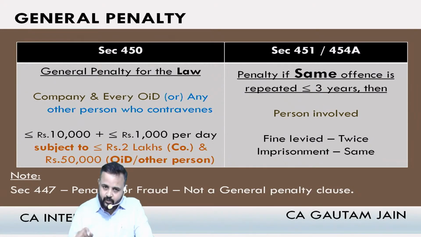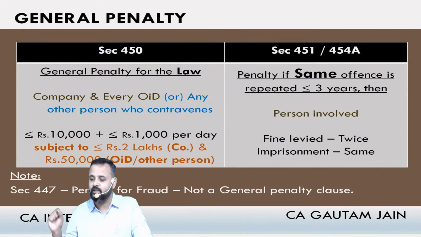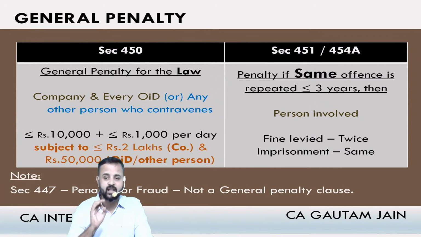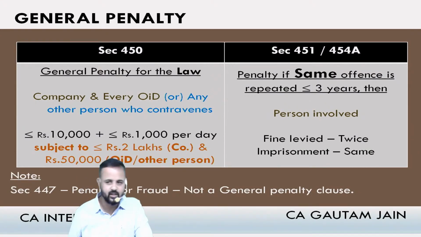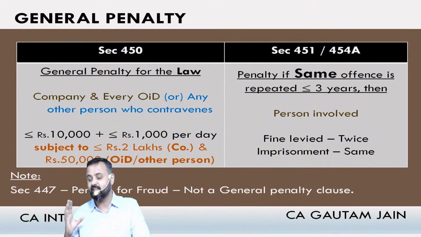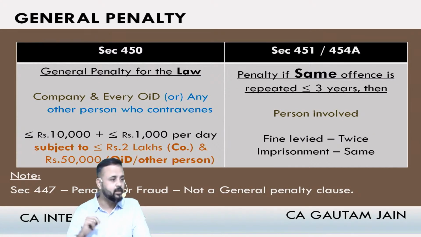Up to rupees 10,000 plus up to rupees 1,000 per day during which the default continues, subject to a maximum fine of how much? 2 lakhs as far as the company is concerned, and for other persons which we are talking about, 50,000. But if the same offence is repeated within 3 years, then they say double the fine.